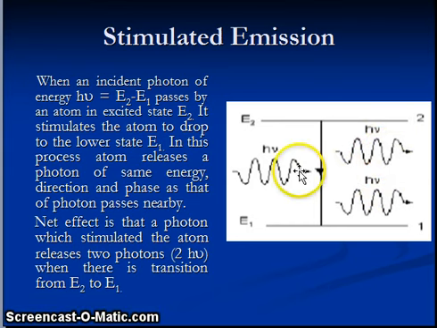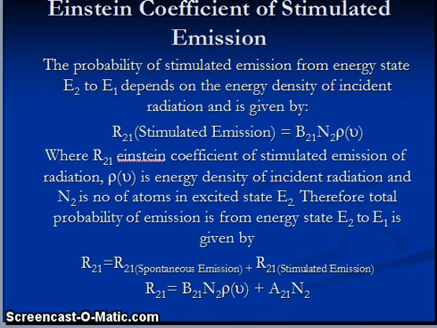So when one photon strikes, there is emission of two photons along with the transition. In this process, the atom releases a photon of the same energy, direction and phase as the photon passing nearby. So the net effect is that a photon which stimulated the atom releases two photons when there is a transition from excited state E2 to ground state E1.